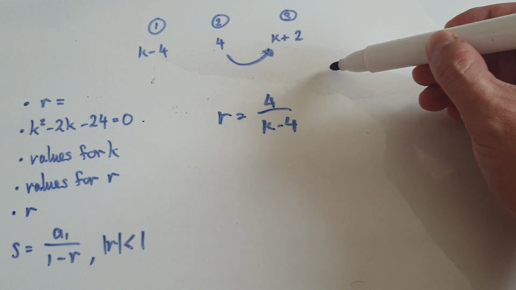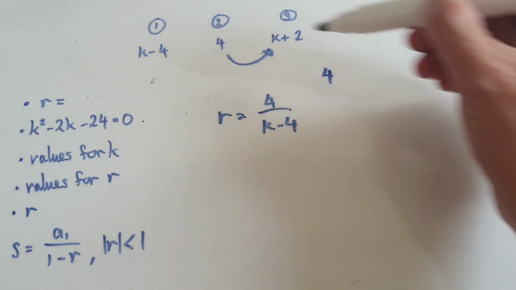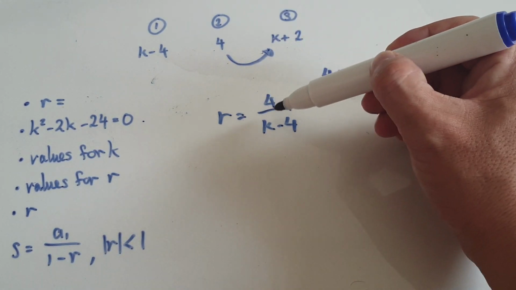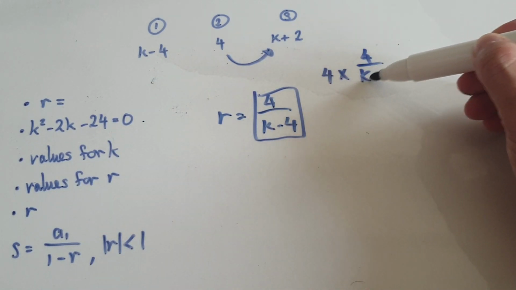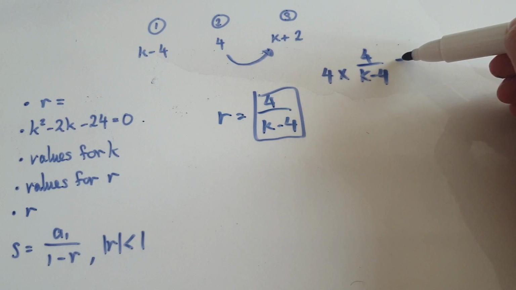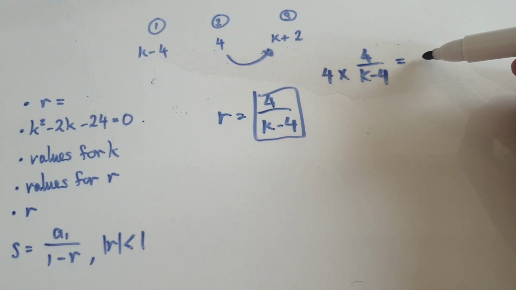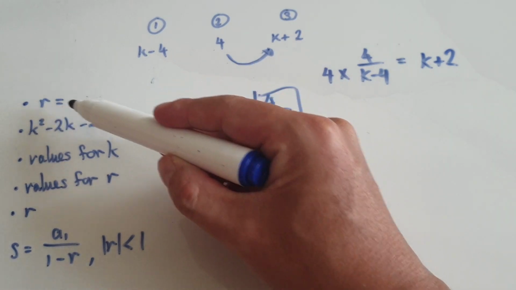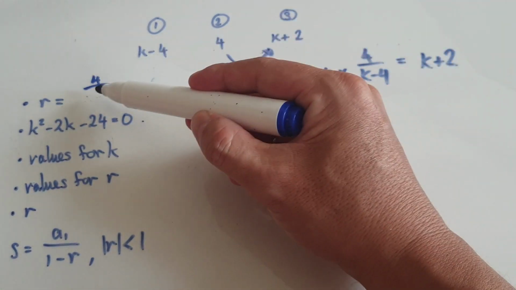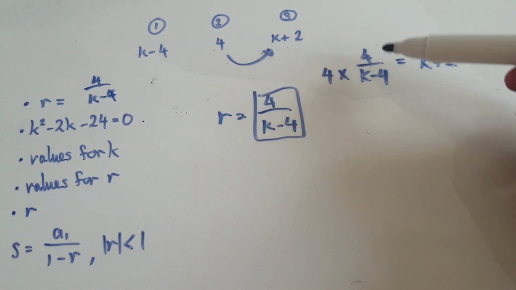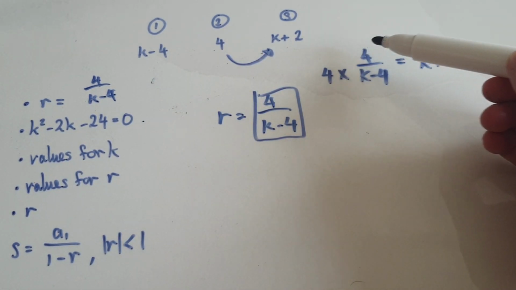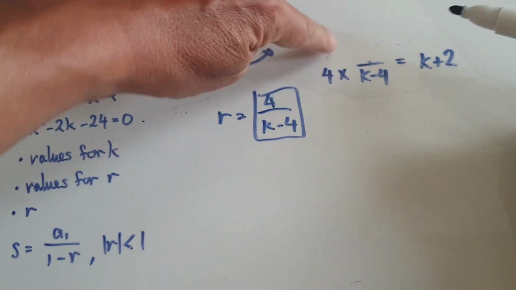So start with 4, the second term, times by the common ratio, this thing here, 4 over k minus 4, must give you k plus 2. And then to show this, tidy this up. This gets multiplied to the top, giving you 16.